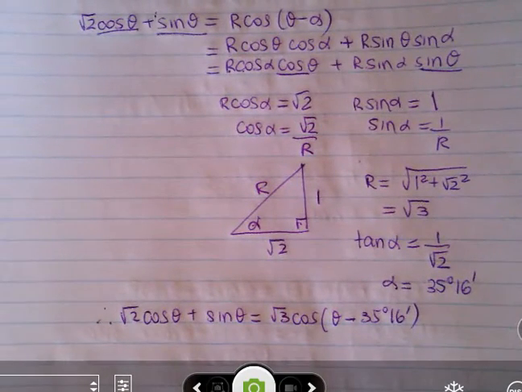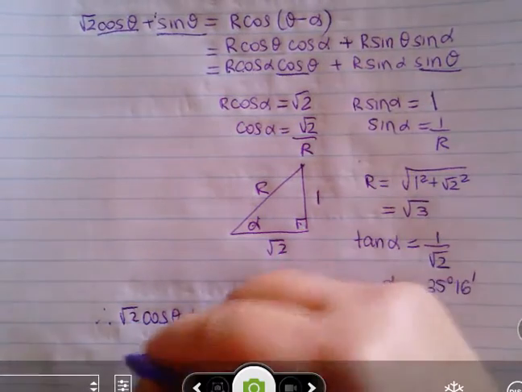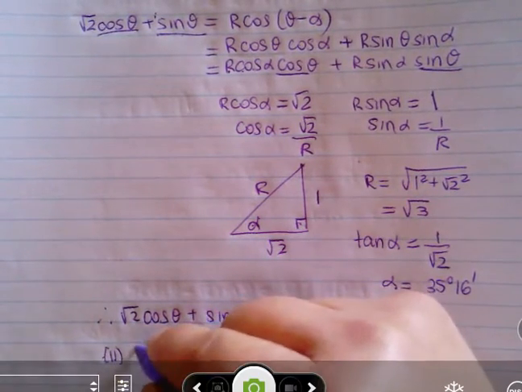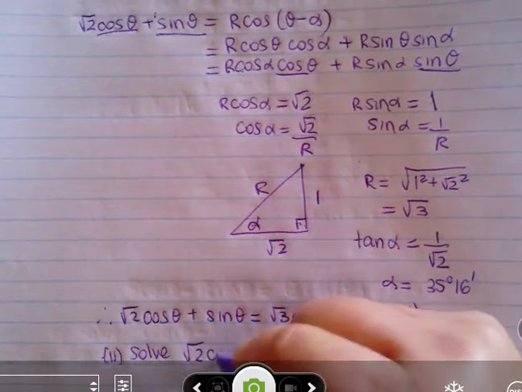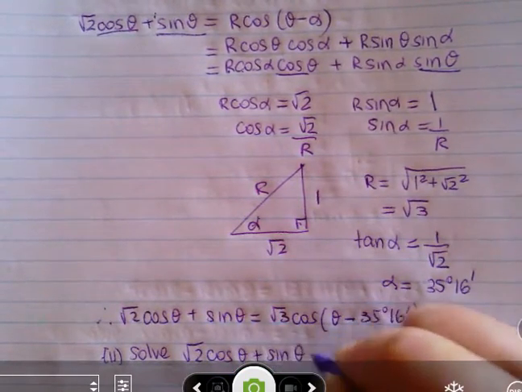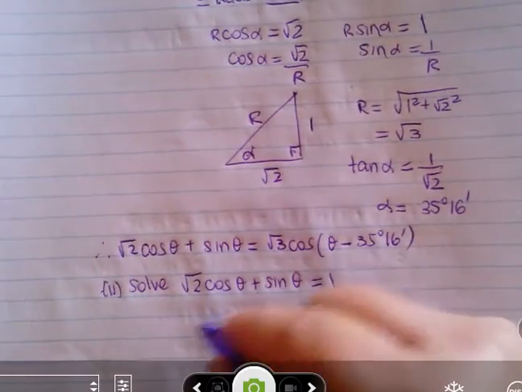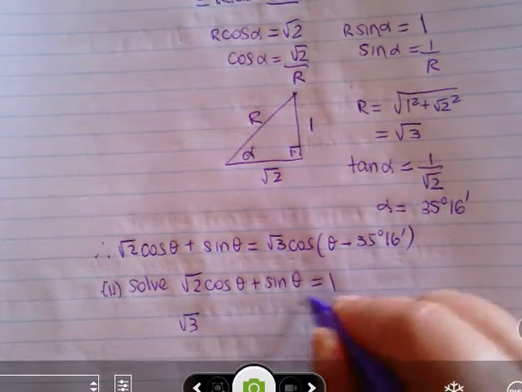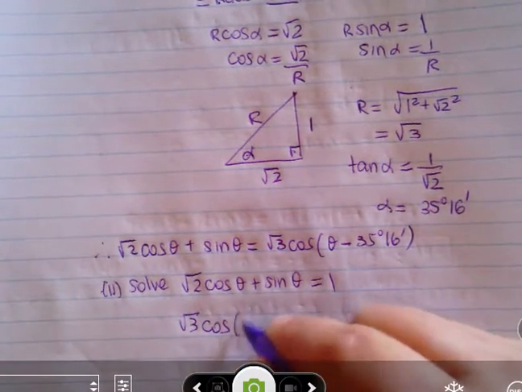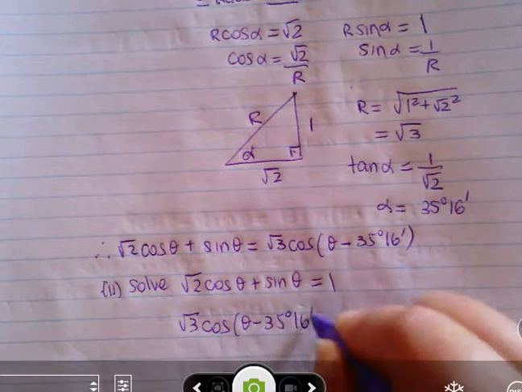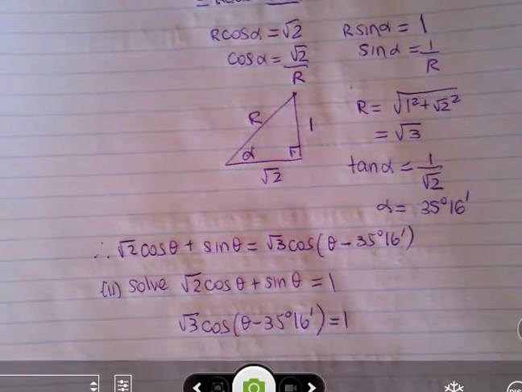We're just using this method to work out r and to work out alpha, and we rewrite the expression in terms of cos only. So now to solve root 2 cos theta plus sine theta equals 1, we replace it with root 3 cos(theta minus 35 degrees, 16 minutes) equals 1. And that's what we're solving now, which is something we know how to solve.